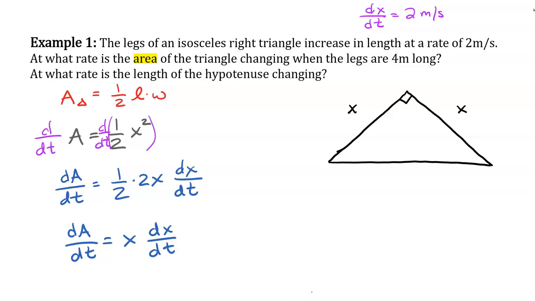That's what they told me, right? So dx/dt is 2 meters per second. And then our legs are 4 meters long, so that would be our x. So this would be 4 times 2 is 8, and I've got meters squared, because there's 2 of them and I'm multiplying, so meters squared per second would be our dA/dt.